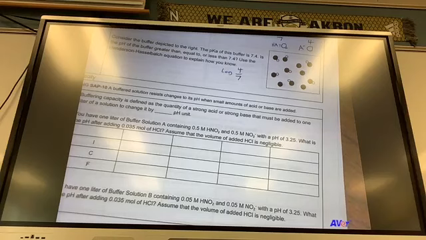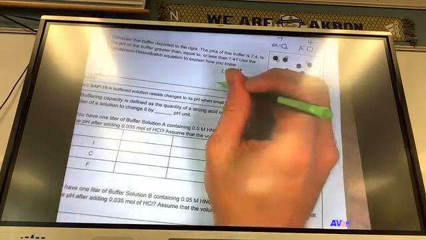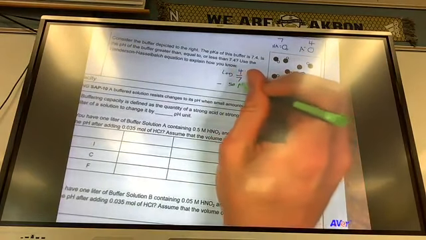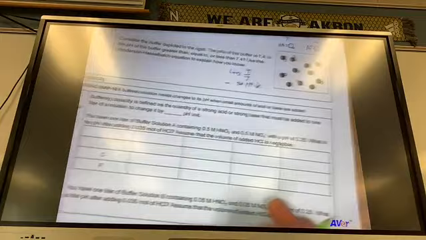So that's less than 1. So what is log of 4 over 7? Is it positive or negative? It's negative. Therefore, my pH is going to go down. You got it. This is a negative number, so pH goes down.